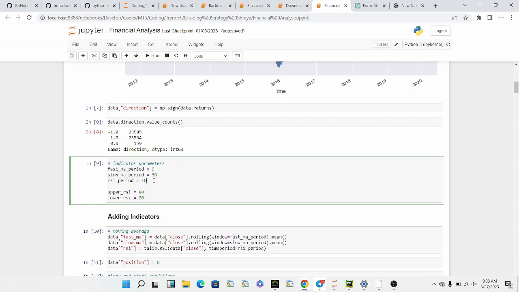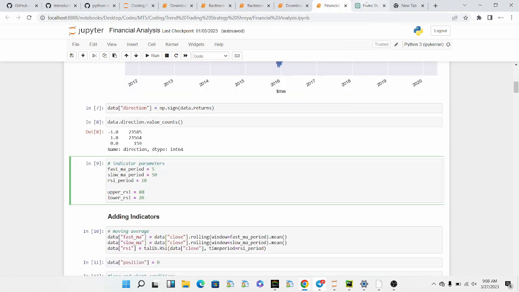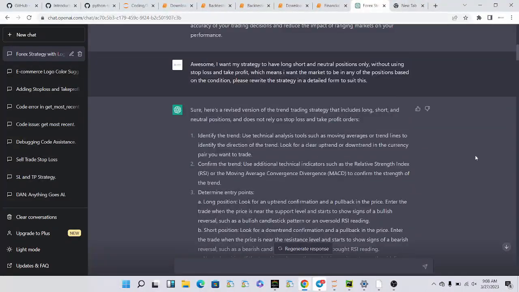So for these 3 values here, the fast SMA, the slow SMA, and the RSI period, we backtested that using the normal backtester class. And for the upper RSI, the lower RSI, and the lags, we backtested that using another backtester class.